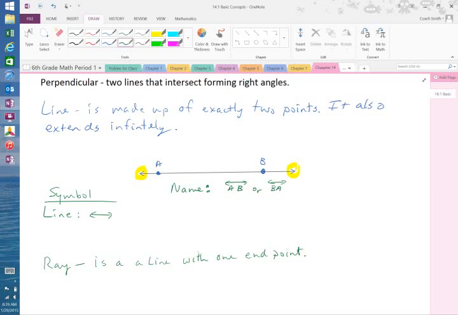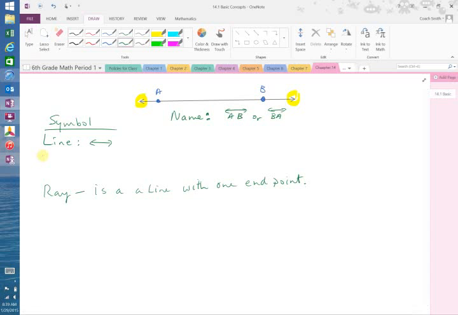Okay, I don't like referring to it that way. It is correct, but the rays that we will deal with mostly, and let me get you the symbol for a ray. The symbol for a ray is that right there. And so how we will draw rays is like this.